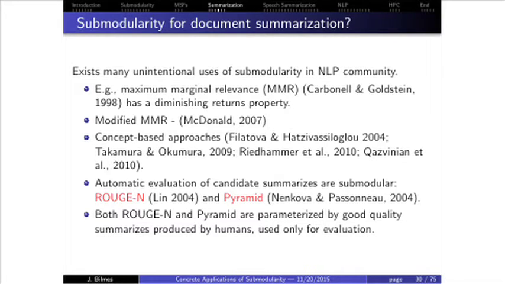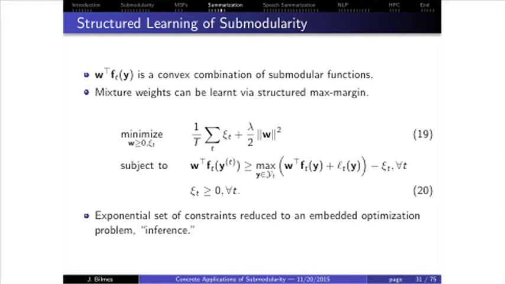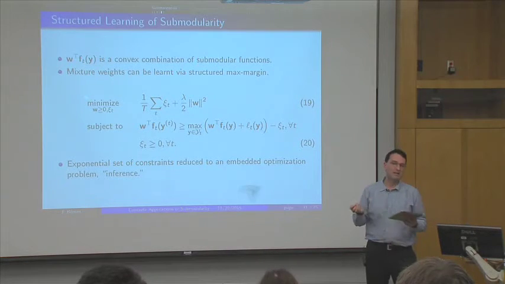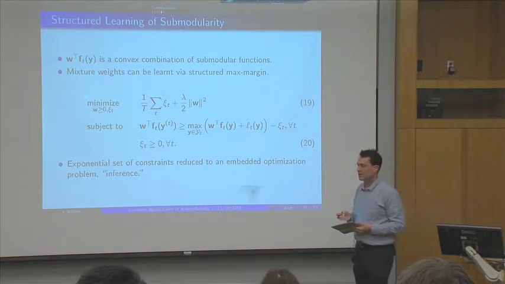Now, the other thing I want to mention is how do you learn? One of the big problems, and we and a number of others have been looking at, is how do you learn a submodular function. We've been interested in learning mixtures of submodular functions using a max margin framework.